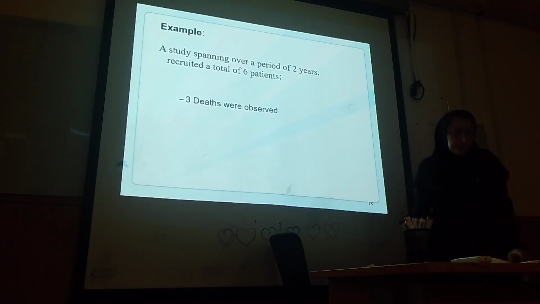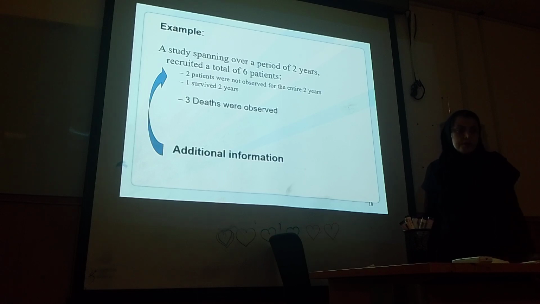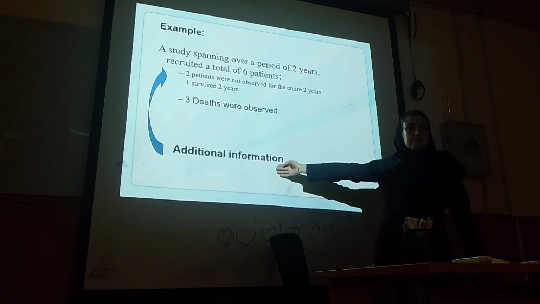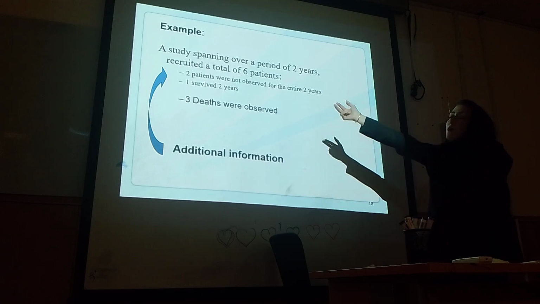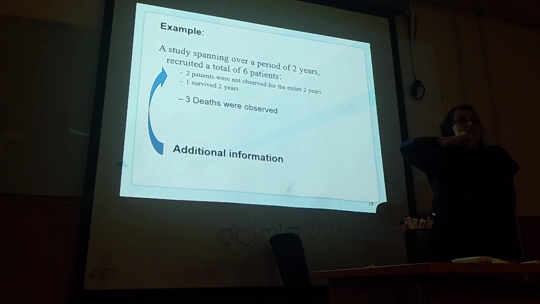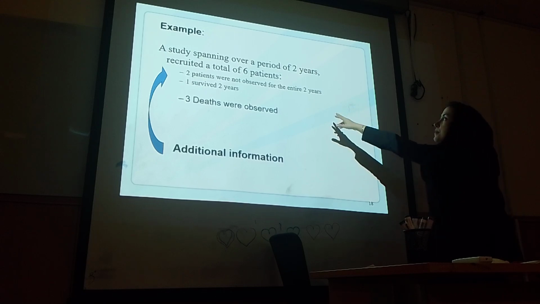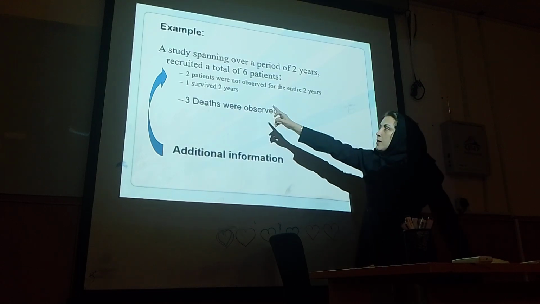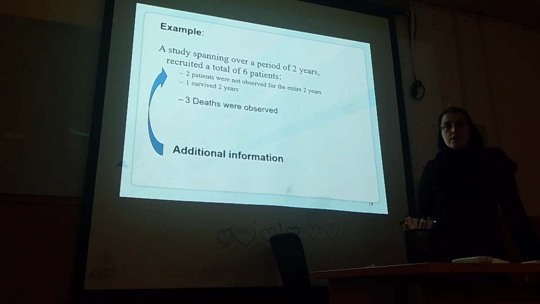But I told you just the number of deaths. If I tell you additional information about the other 3: 2 patients were not observed for the entire 2 years, and 1 survived 2 years. It is additional information.